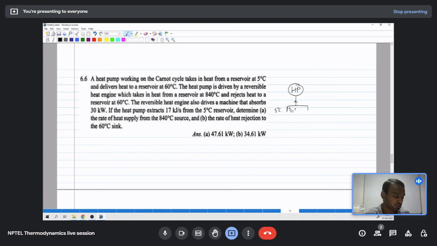So 5 is 278 Kelvin, and supplies heat to a high temperature reservoir at 60 degrees Celsius, and that is 333 Kelvin.